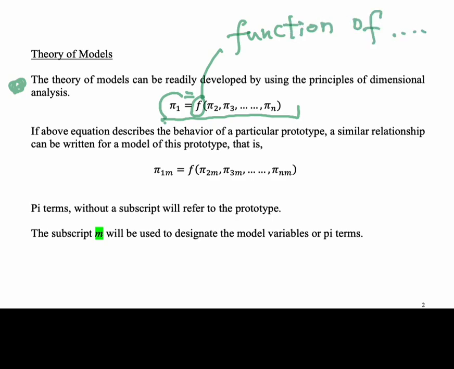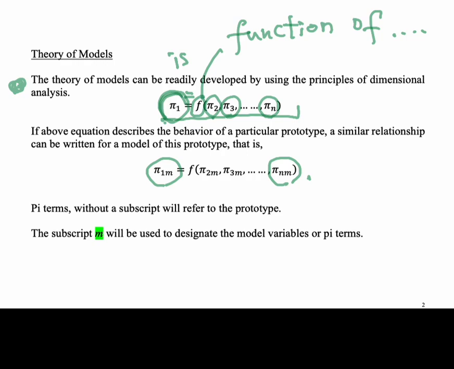So we say pi1 is a function of pi2, pi3 until pi n. If the above equation describes the behavior of a particular prototype, a similar relationship can be written for a model of this prototype. That is, pi1 for the model is a function of pi2 model, pi3 model, and so on.